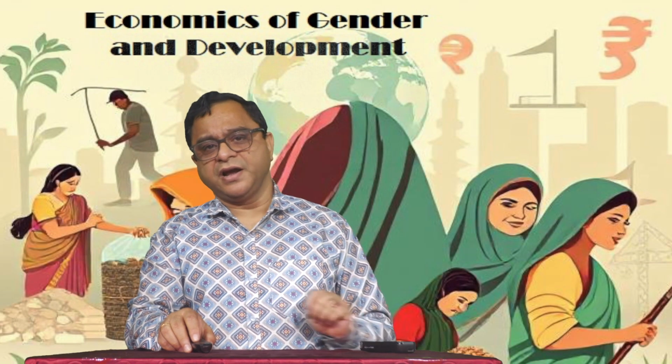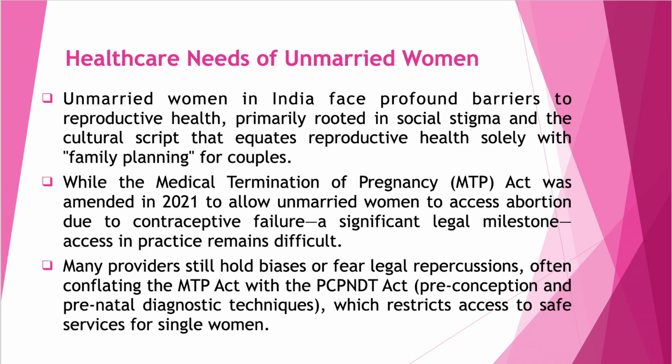Now, looking at the healthcare needs of unmarried women, we see that unmarried women in India face profound barriers to reproductive health, primarily rooted in social stigma and a cultural script that equates reproductive health solely with family planning for couples.